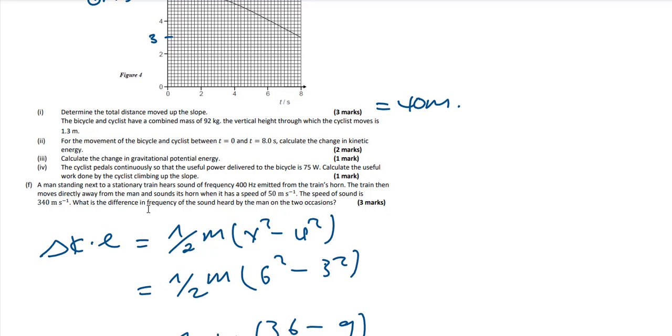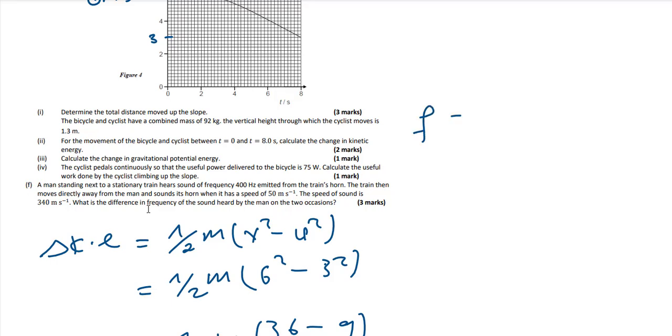So what do we have? We have the first case, where the frequency of the horn is F0. The train is moving away from the man, so it is a case of source moving away from observer. What do we know?